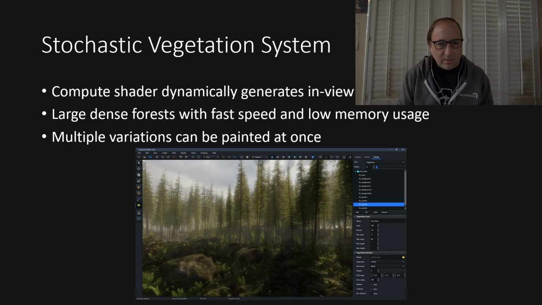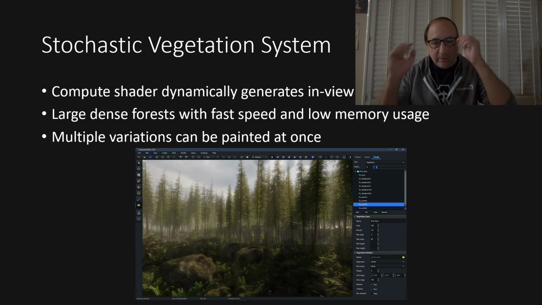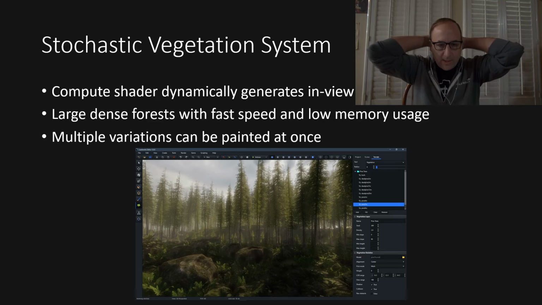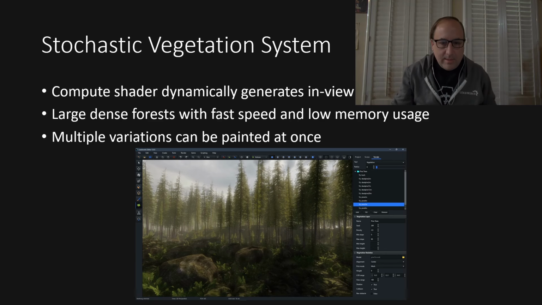You can also have multiple variations of a tree or different plants, and you can just paint it all at once. So it's really, really super convenient and very performant, and it scales very well. It's similar to the way that the Leadwerks 4 vegetation system works, but taken to the next level, and using a compute shader produces really nice results.